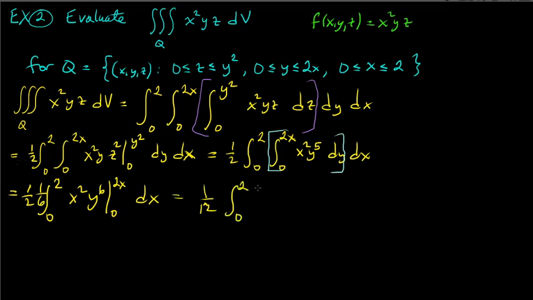And then the definite integral from 0 to 2 of x squared times 2x to the 6, minus 0 to the 6, which is 0. So 1/12 the integral from 0 to 2. 2 to the 6 is 64, and then x squared times x to the 6th is x to the 8.